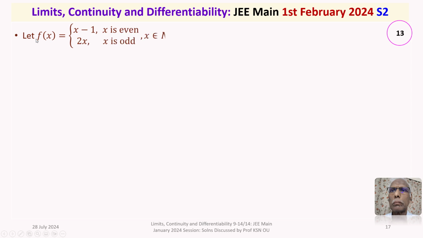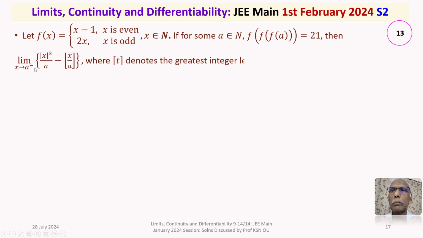The given question is f of x is equal to x minus 1 when x is even, and f of x is equal to 2x when x is odd, where x belongs to the set of natural numbers capital N. If for some a belongs to N, f of f of f of a is 21, then the limit as x tends to a minus, that is the left hand limit at a, of the bracket of mod x cube by a minus the bracket of x by a, where bracket t denotes the greatest integer less than or equal to t, is equal to.